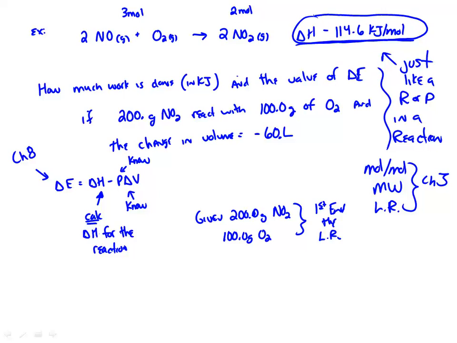But do I know how many moles of NO I have? No, I was given it in grams. Do I know how many moles of oxygen I have? No, I'm given it in grams. So I want to take my 200.0 grams of NO and convert that to kilojoules of energy, and I want to take my 100.0 grams of O2 and convert that to kilojoules of energy.